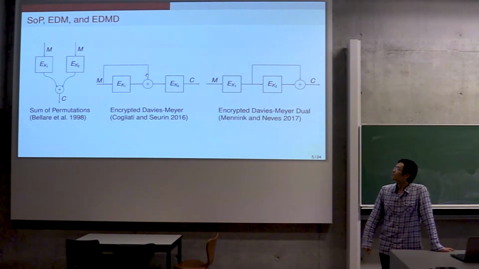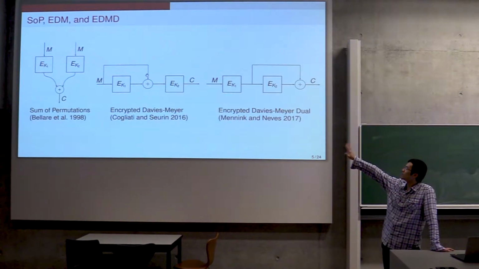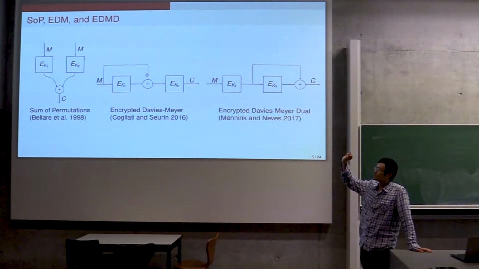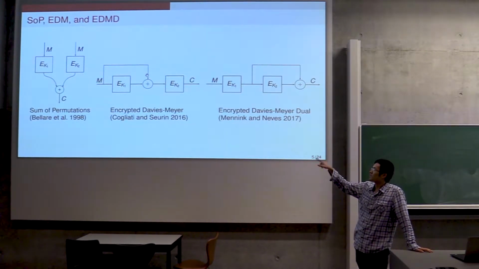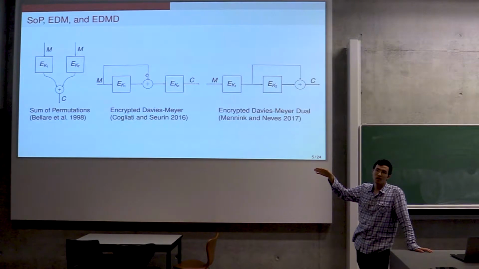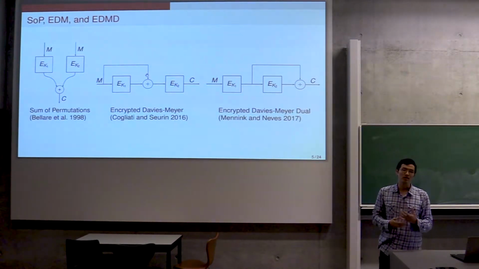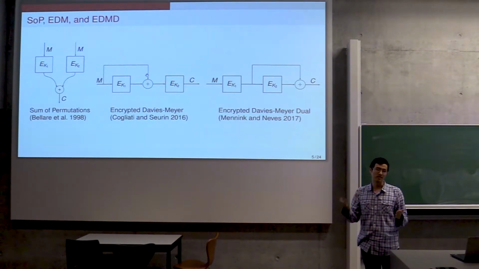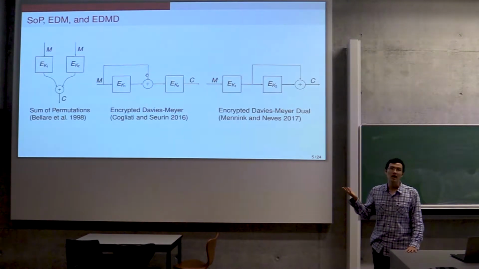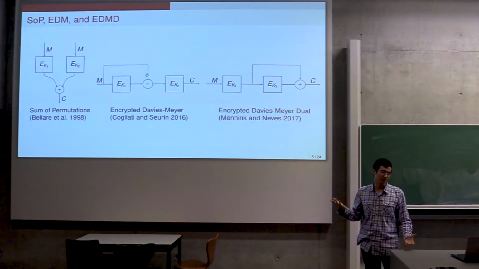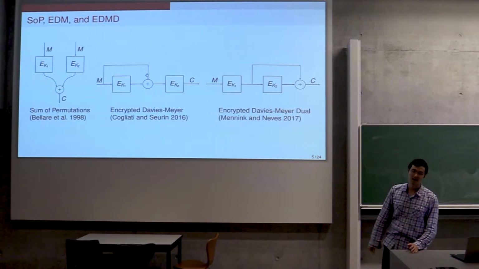So, as you can see in the pictures, those constructions only evaluate the block cipher in the forward direction. Usually a block cipher is designed to be efficient in both the forward and the inverse direction. So this makes block cipher actually an over-engineered primitive for this PRF construction.